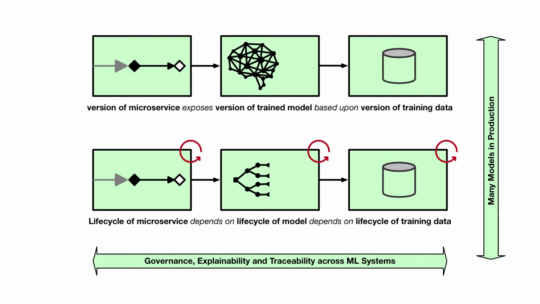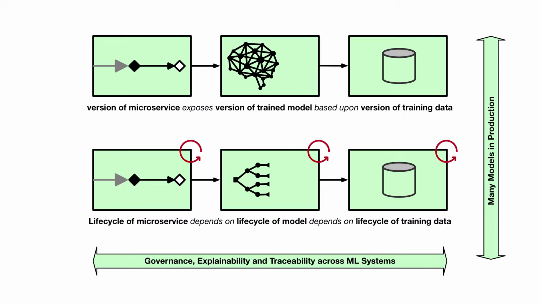The challenge is that we actually have to maintain the life cycle of all of our components. So our machine learning training process depends on a known set of training data, and our deployed services depend upon a known version of a particular trained model.